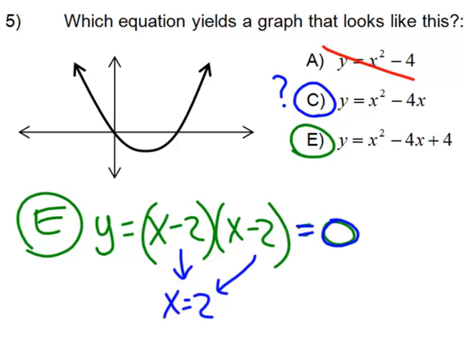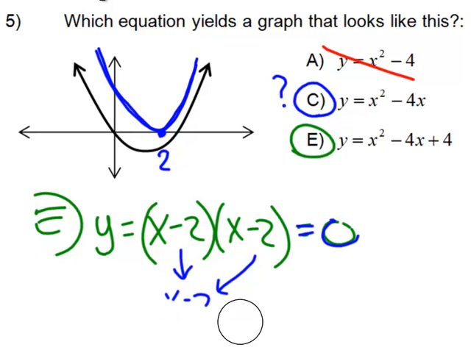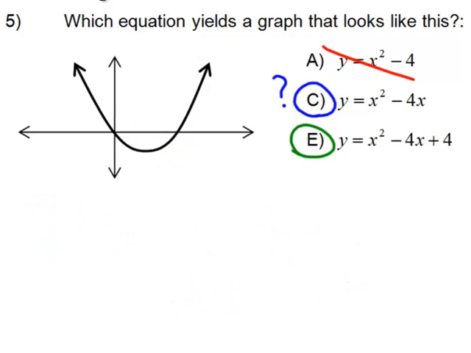So graphically, we might expect a parabola that came down and had only a single x-intercept there at 2. We see from our graph that that is not what's being represented here, so we know that E is not our solution. That means that our final answer is indeed C. No question about it. C is our answer.